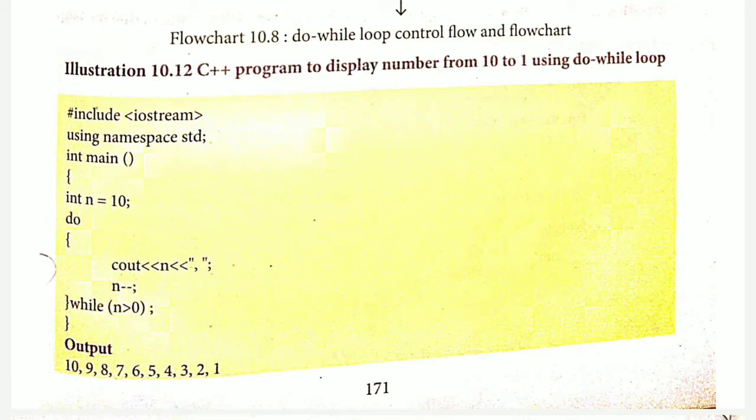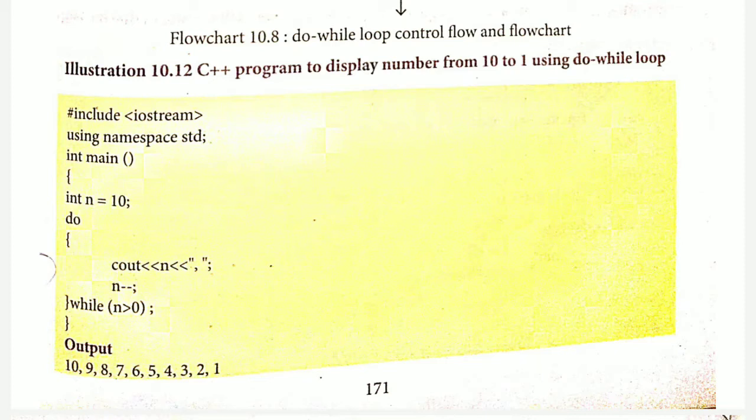Inside the main program you can see int n is equal to 10, and they have started the do while loop. The body of the loop contains two statements: cout n, the value of n is printed with a comma, and in the next statement, n minus minus.